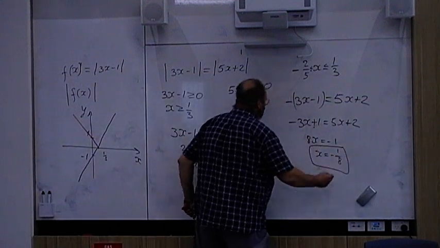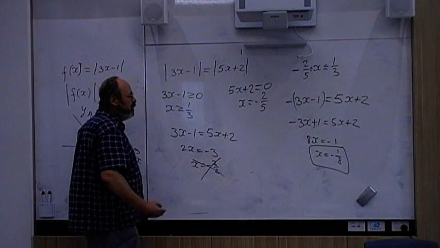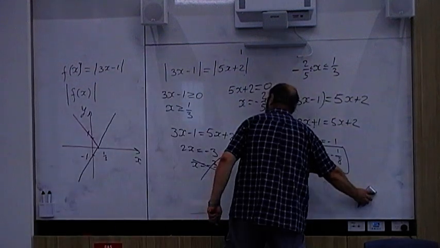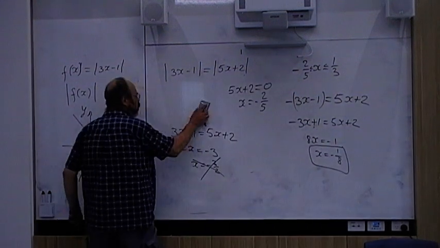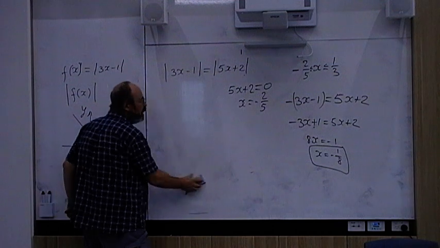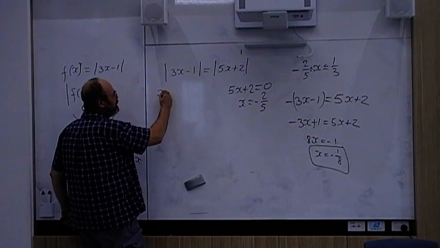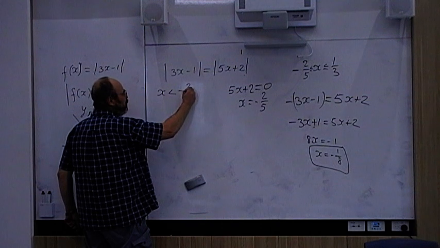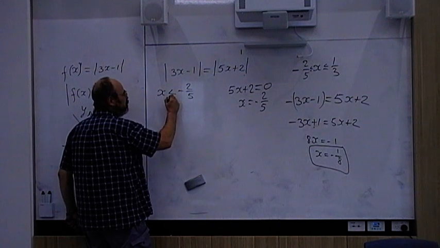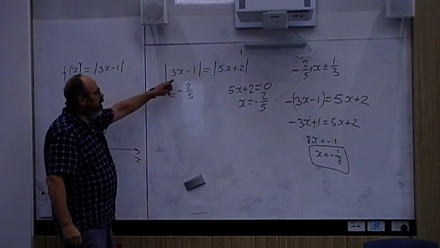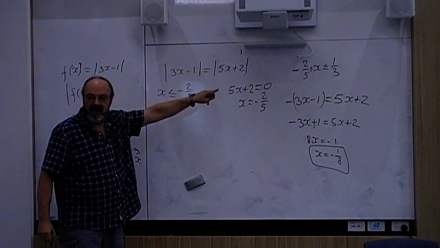And now we need to consider the third interval when they both will be negative. So we consider now when we have x less than negative 2/5. Now they are both negative.